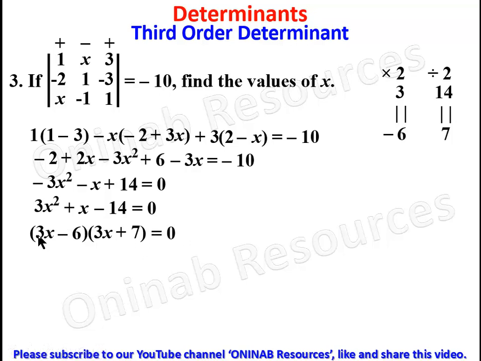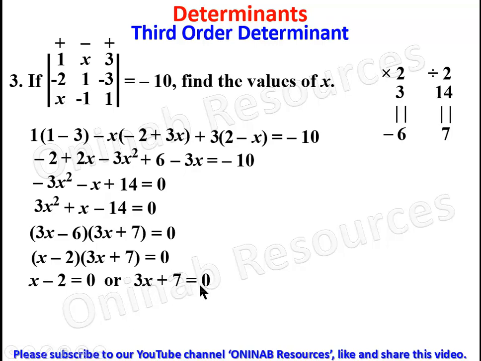which is equal to 0. Since 3 divides 3x and negative 6, I have x minus 2 into 3x plus 7 is equal to 0. So this means x minus 2 is equal to 0, or 3x plus 7 is equal to 0. So we solve this.